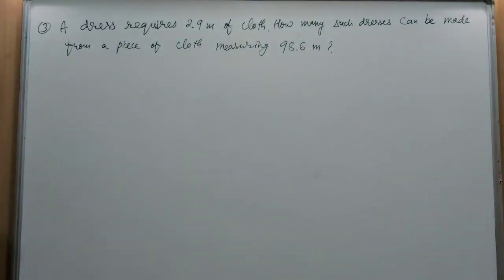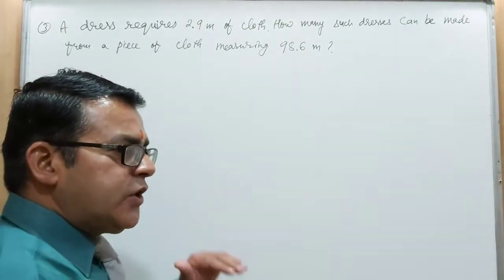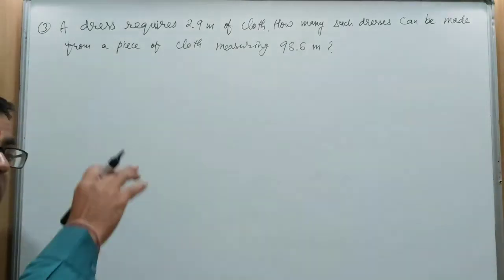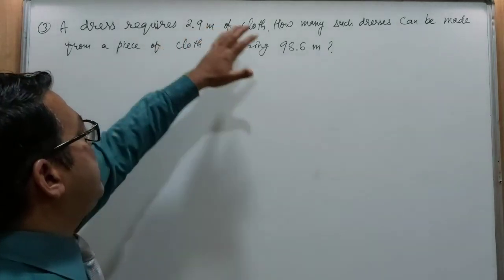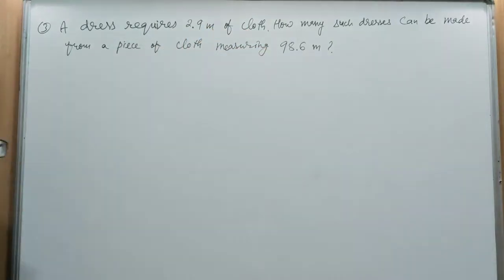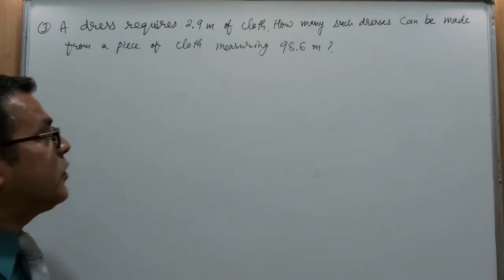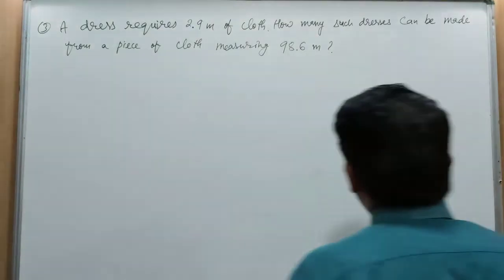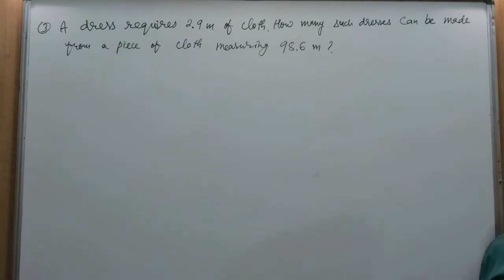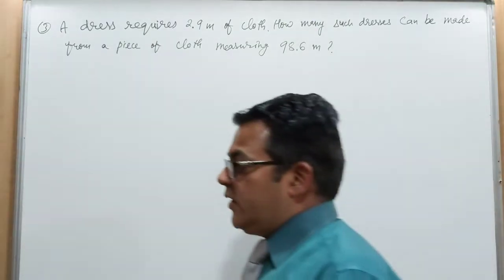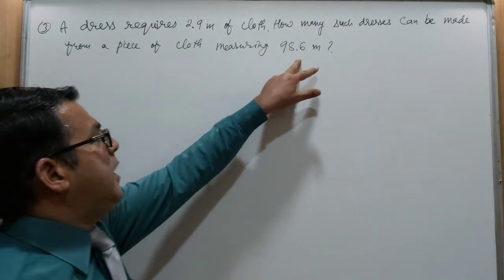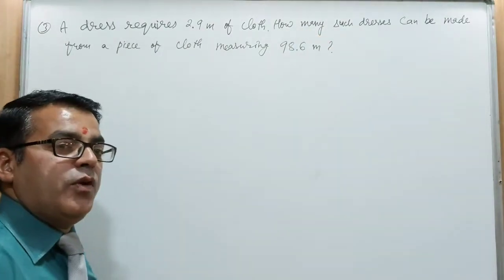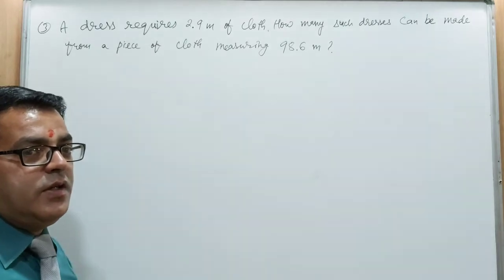And suppose there are students of the same height and they all require 2.9 meters of cloth for their dress. So the question is, how many dresses can that tailor stitch from the total length of 98.6 meters of cloth? Hope you understand the question, right?